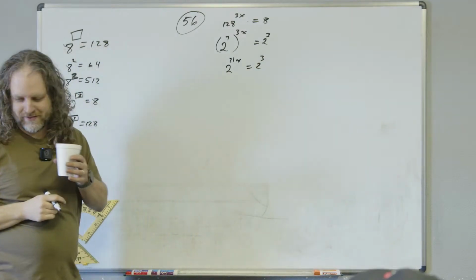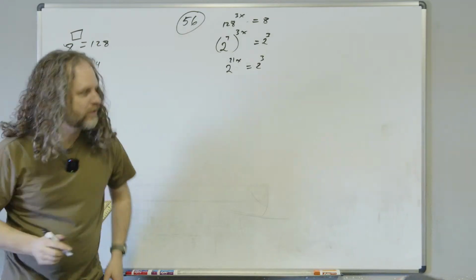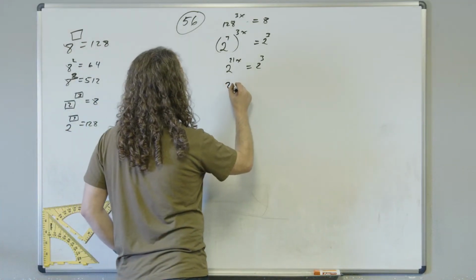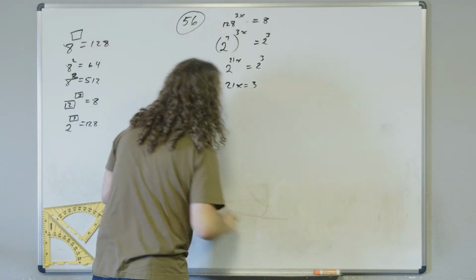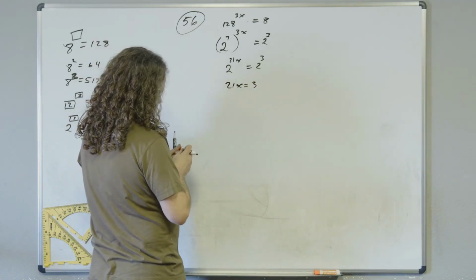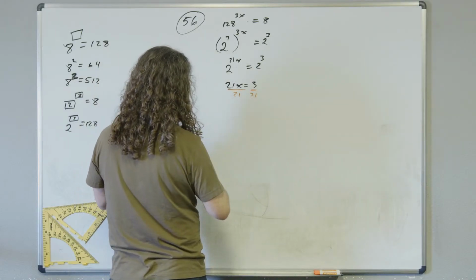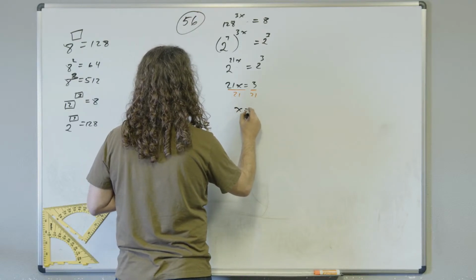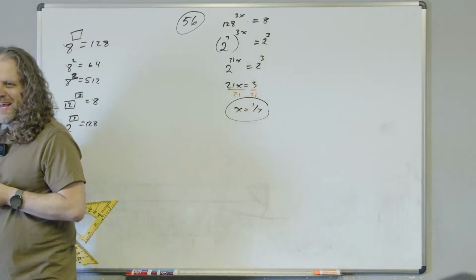Now what? 21x equals 3. Divide by 21. X equals 1/7. Yay, we actually did it.